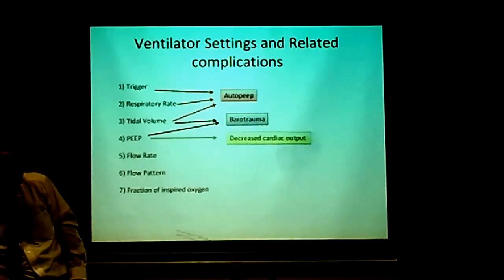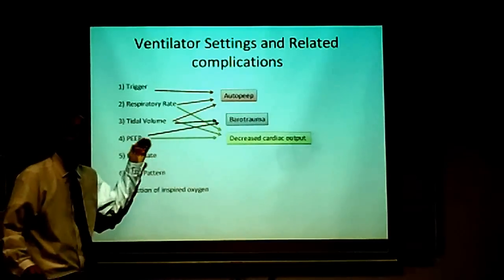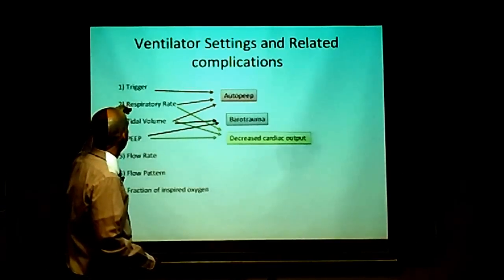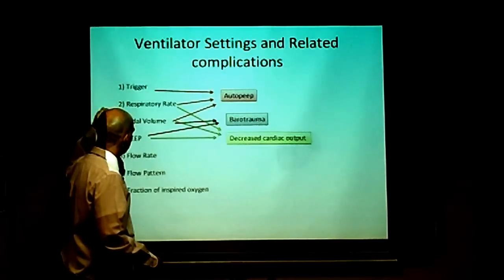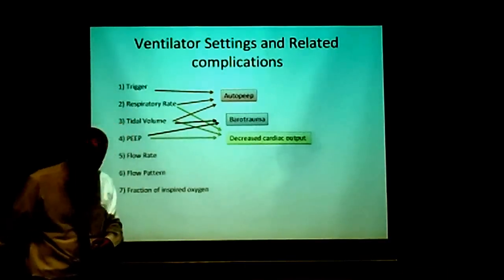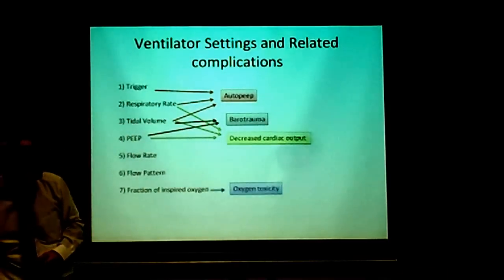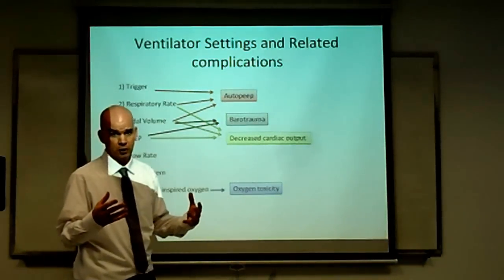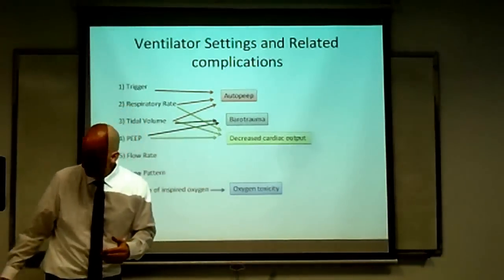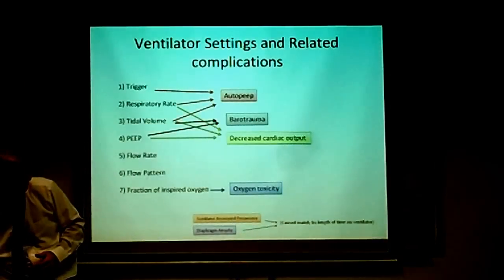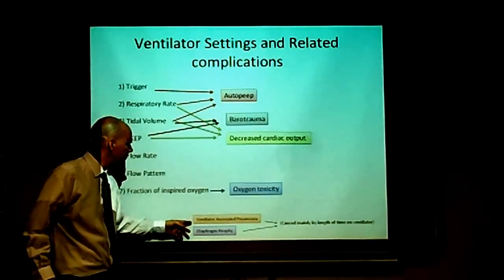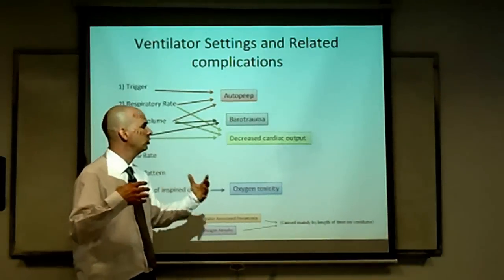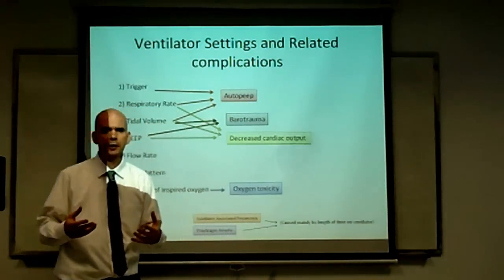Decreased cardiac output, caused mainly by a respiratory rate that's too high, a tidal volume that's too high, and a PEEP that's too high. And oxygen toxicity caused mainly by a fraction of inspired oxygen that is too high. And then the last two, ventilator-associated pneumonia and diaphragm atrophy, caused mainly by how long the patient is on the ventilator.